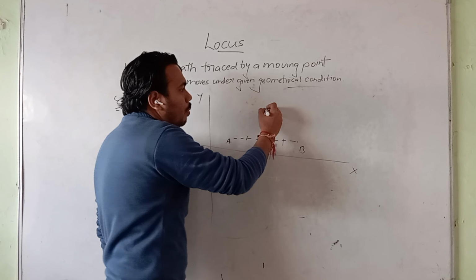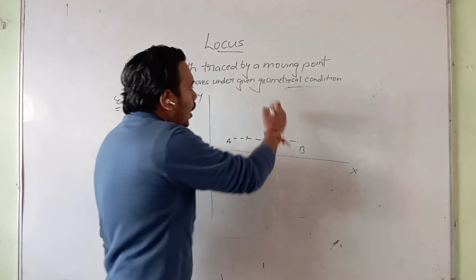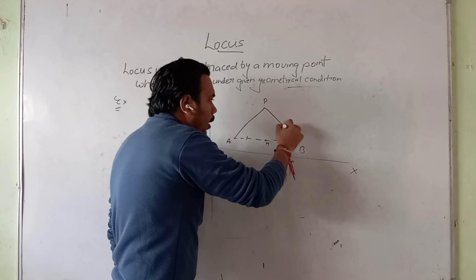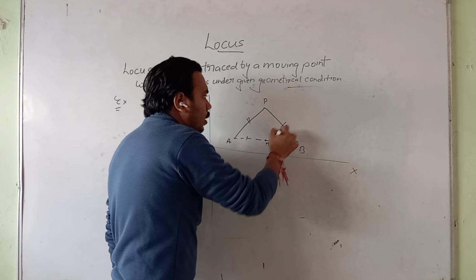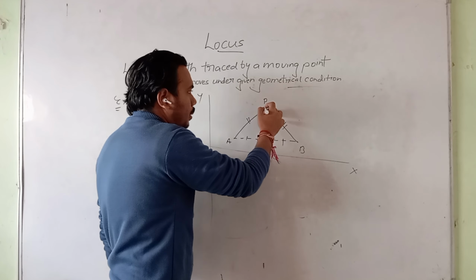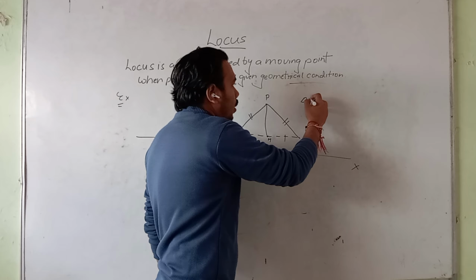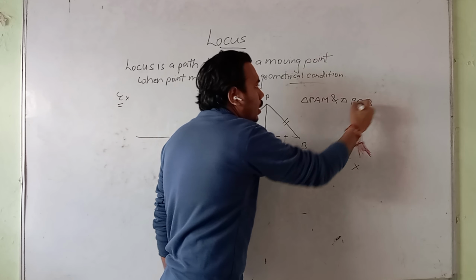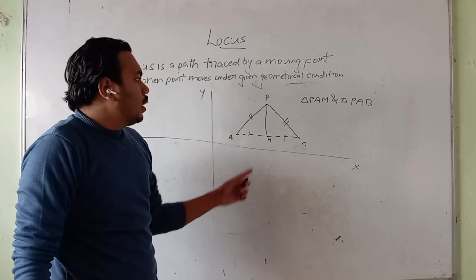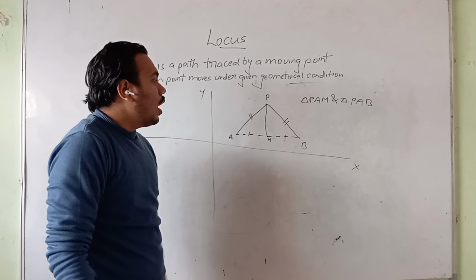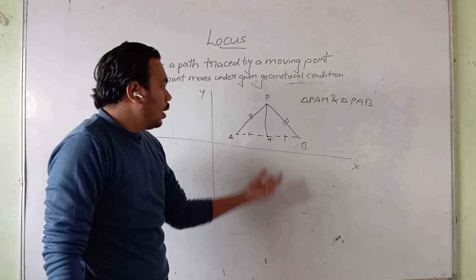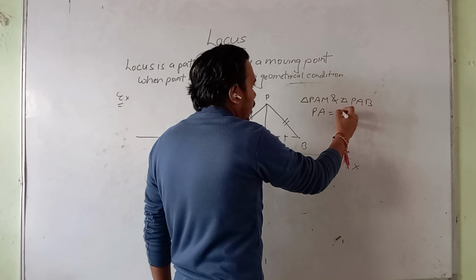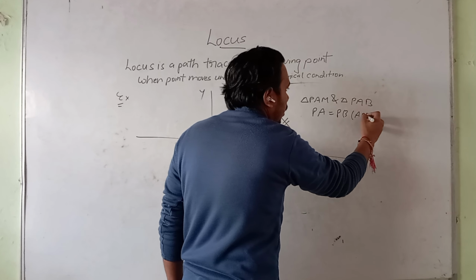Now let's assume any point P in the plane, which I am assuming to be equidistant from A and from B. If I join these points P and M, then two triangles are formed, triangle PAM and triangle PBM. Seeing these triangles, PA is equal to PB due to our assumption.